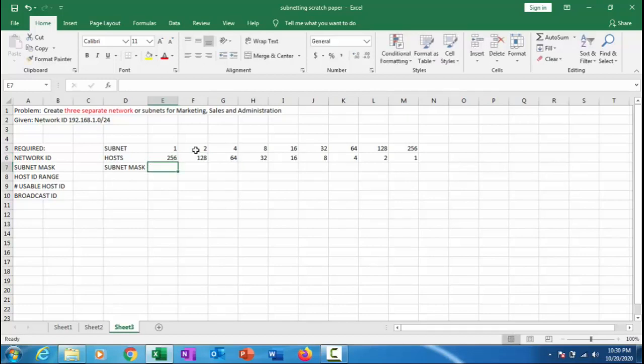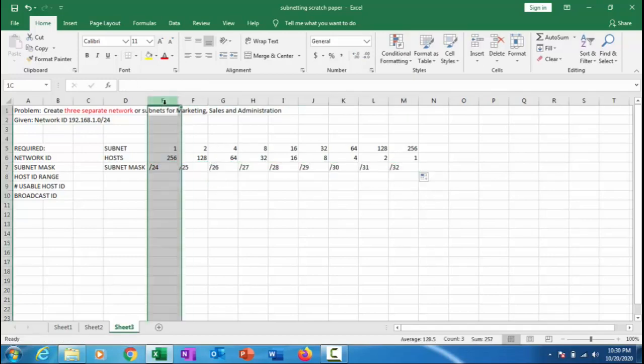For the subnet mask, we start with /24, then because we're in Class C, /25, and so on. Let's use autofill so this will be faster. There it is.